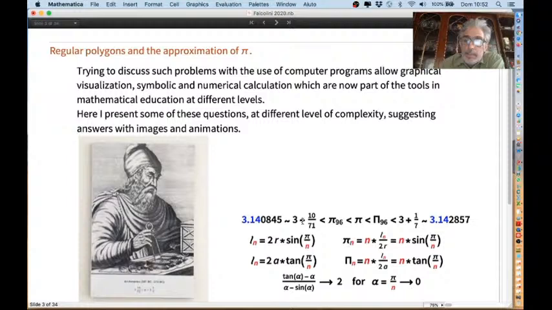So you can see that already you obtained a very good approximation up to the second digit of precision.